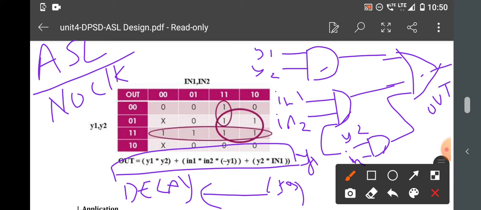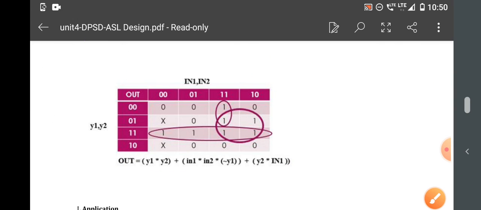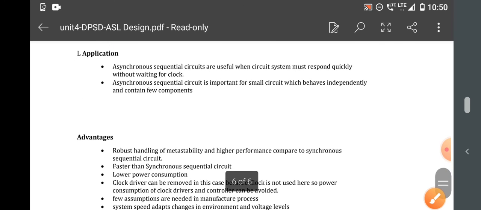From the transition table, depending upon the number of columns, we introduce the K-map, which helps us produce a synthesized state equation. And from the state equation, finally, we can draw the circuit diagram, which clearly states that you can design an ASL circuit.